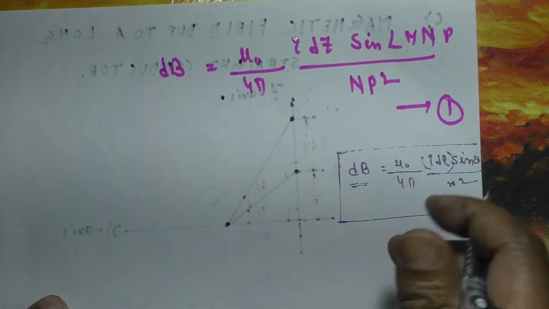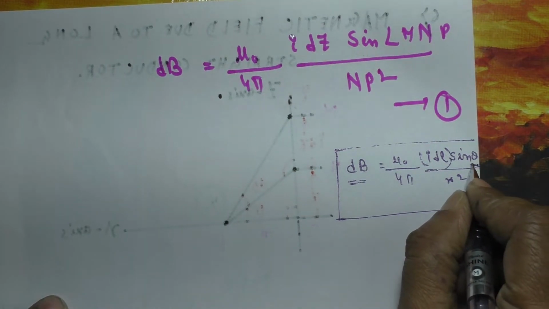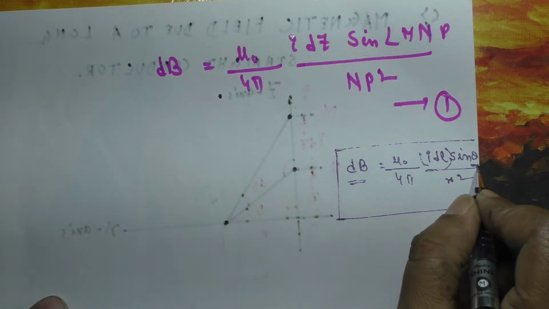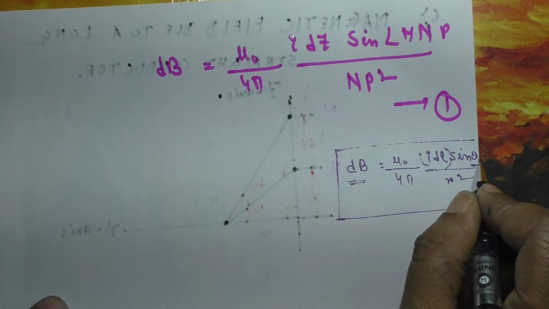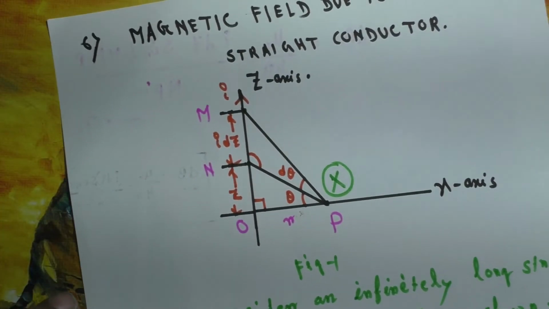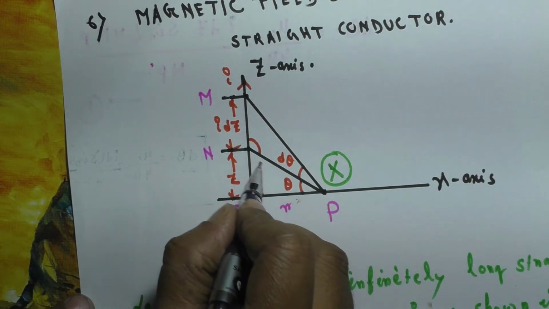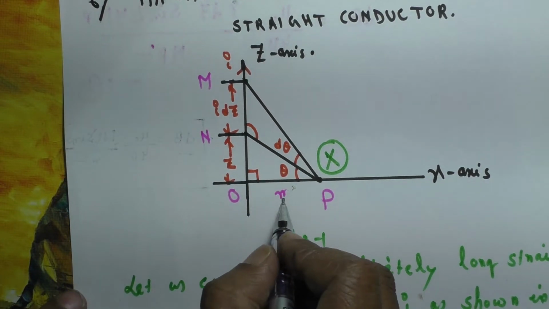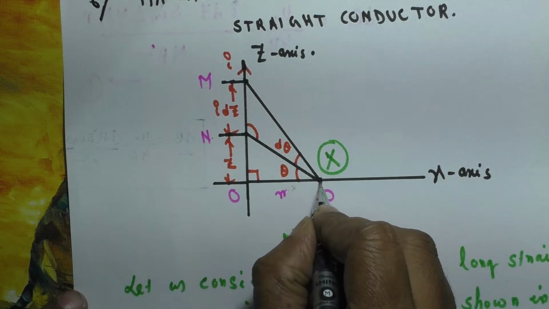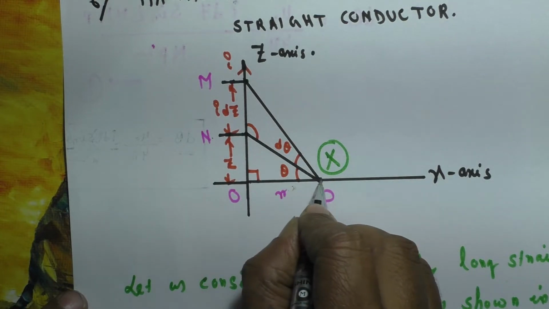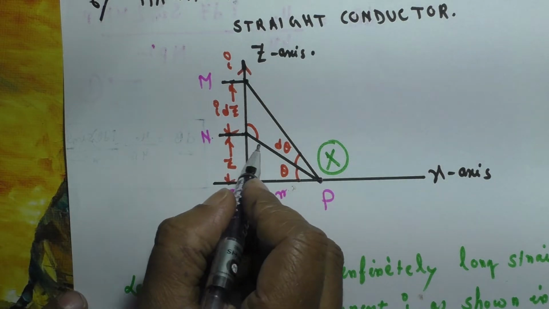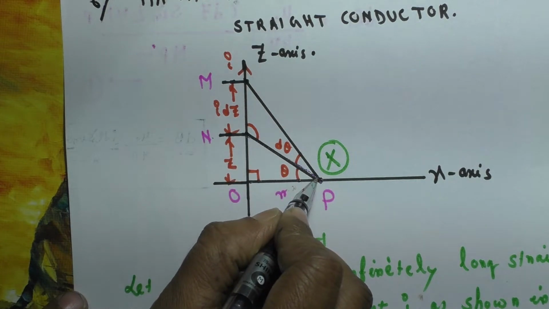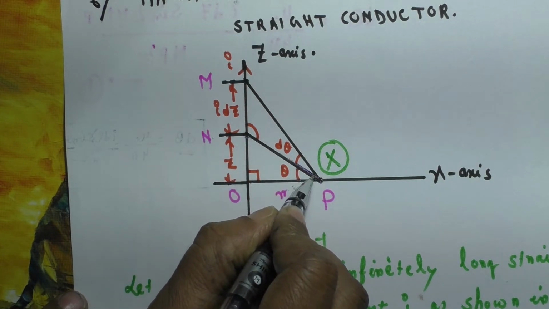In this problem, the current element is I dZ, and in place of theta, the angle between the current element and the position vector, we have the angle MNP. Here R is the perpendicular distance between the conductor and the point, and the position vector of the point due to the current element is NP.